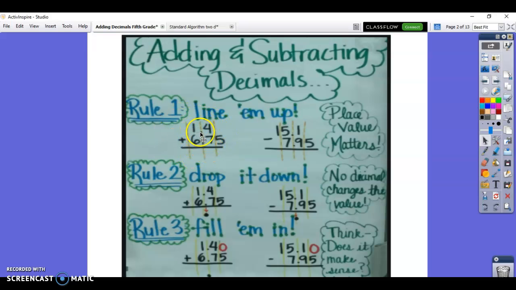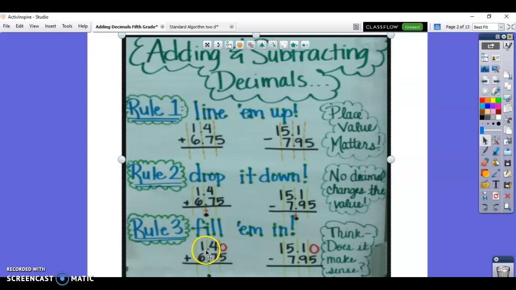So 1 and 4/10 plus 6 and 75 hundredths. Rule 2, drop it down, meaning bring down the decimal point so they're lined up and it just goes straight down for addition and subtraction. Your Rule 3 is to add in a zero, or a place value holder, in any spaces that might be empty.